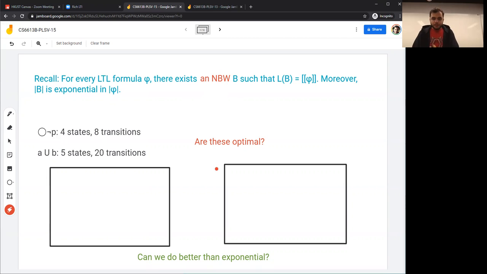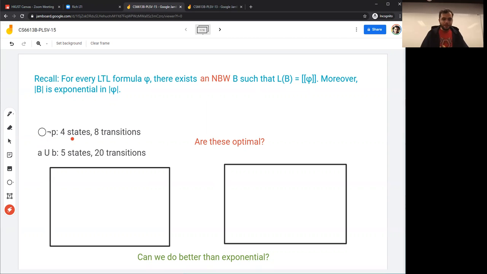So here's a very simple question. Are these optimal, or can we have smaller automata? It seems they're optimal. So for this specific formula, can you come up with anything that has less than 4 states? They're actually not optimal.